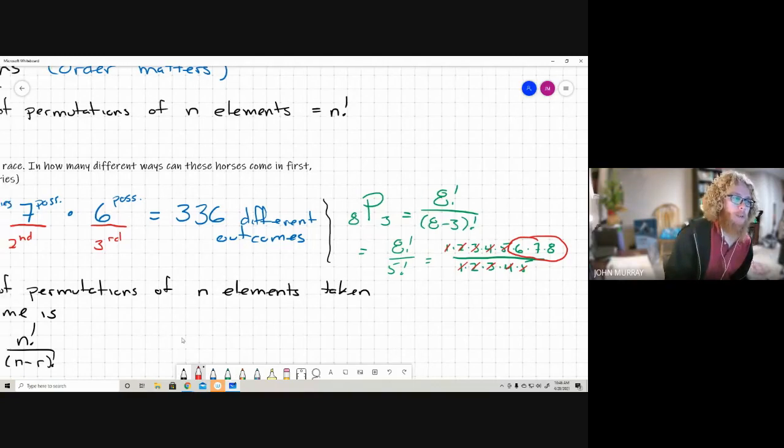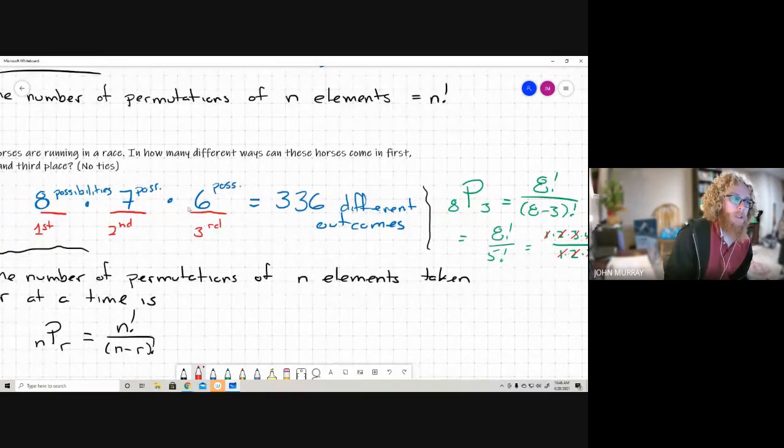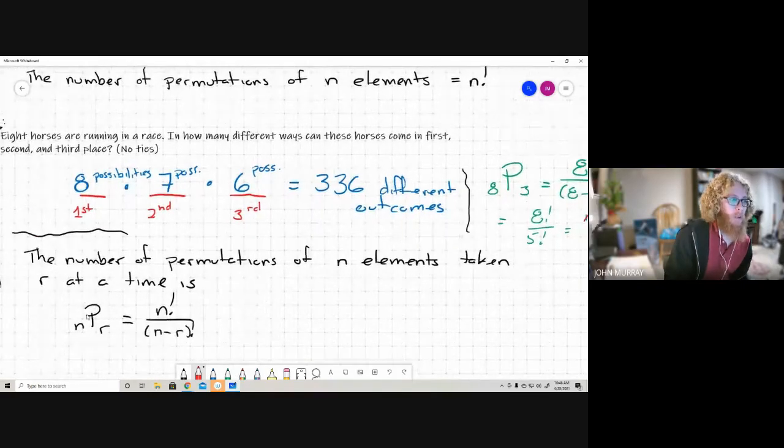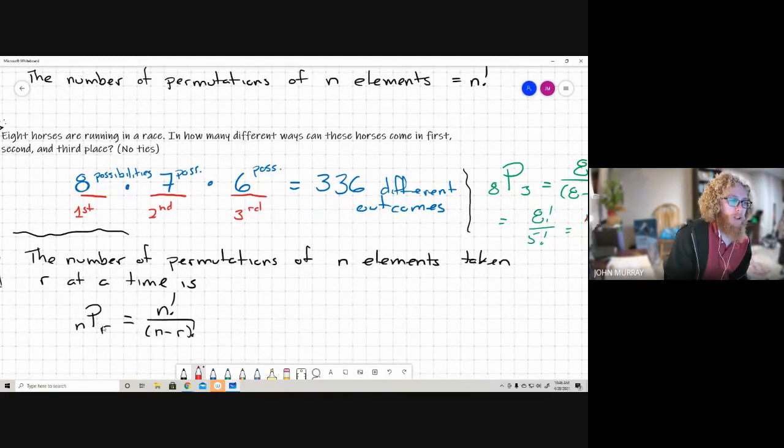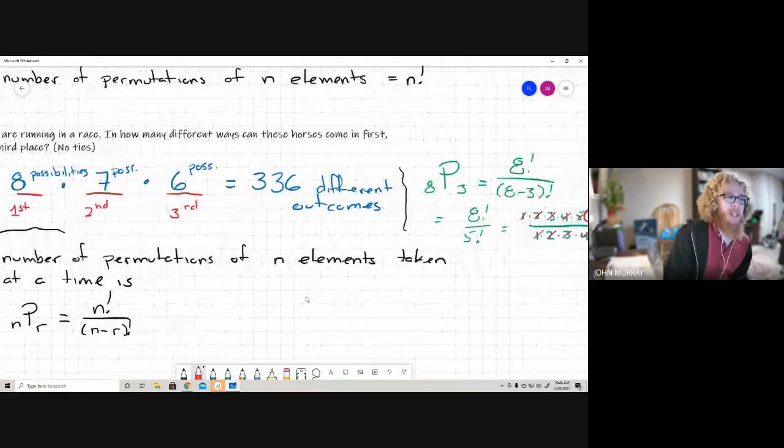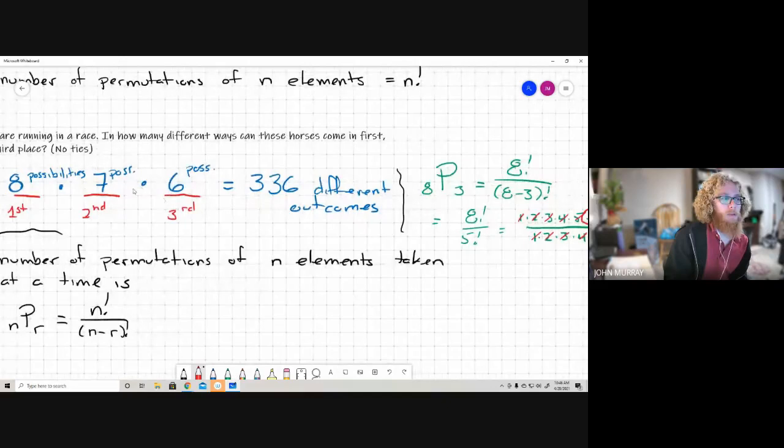And that's what we had over here, 8 times 7 times 6. So this specific permutation function sets us up for how it's laid out. It's a little more straightforward than the combinations, the nCr.